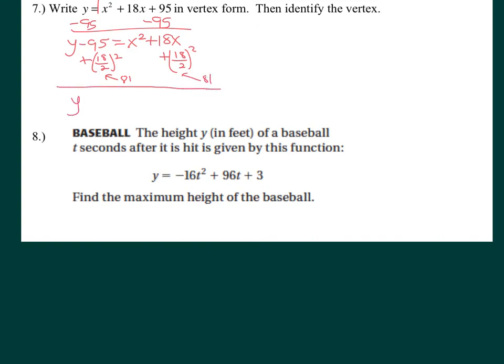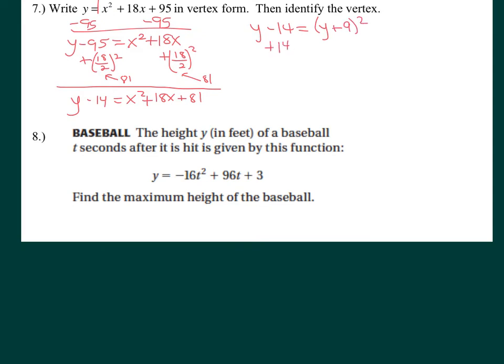So y, negative 95 plus 81 gives me negative 14. Over here I'll have x squared plus 18x plus 81. So if I factor that right-hand side, I'll have x plus 9 quantity squared.